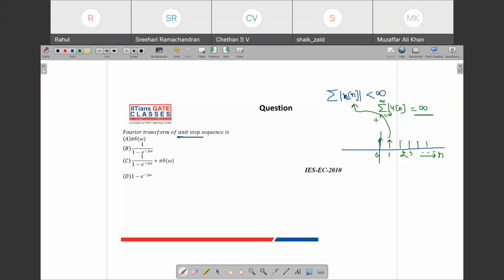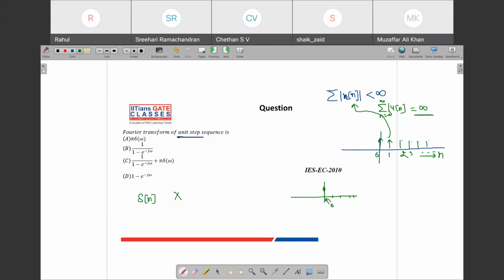So we can use the property of the accumulation. Before that, we will calculate the DTFT of delta of n. Delta of n exists just at n equal to 0, and for the rest of the time it is equal to 0. Only for n equal to 0, it is equal to 1.